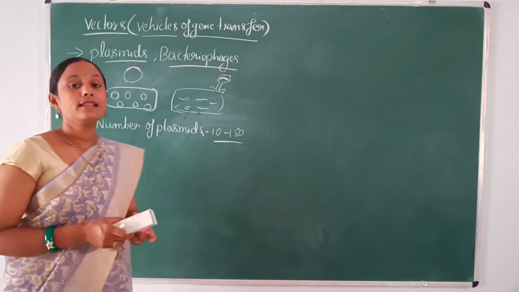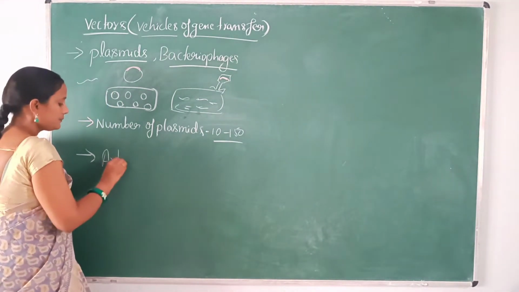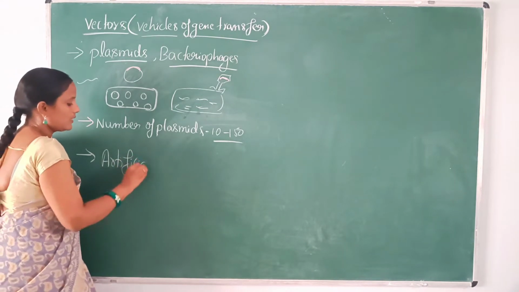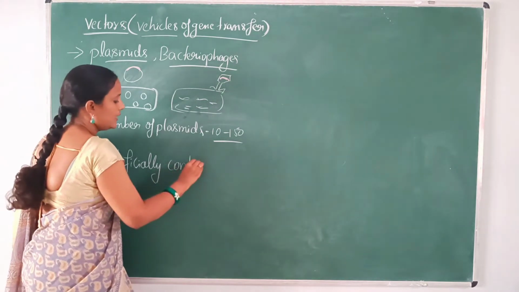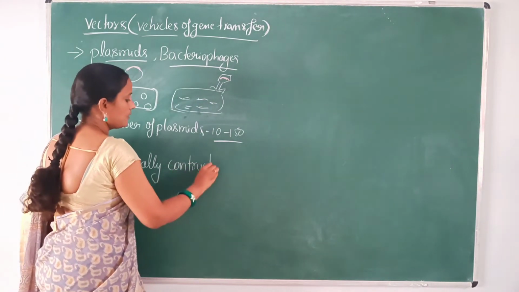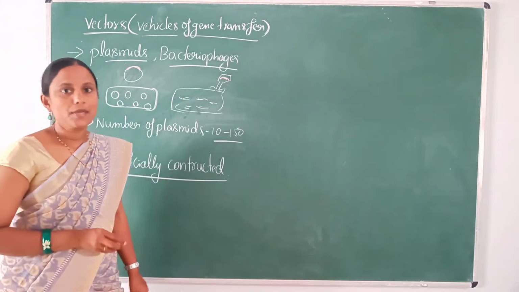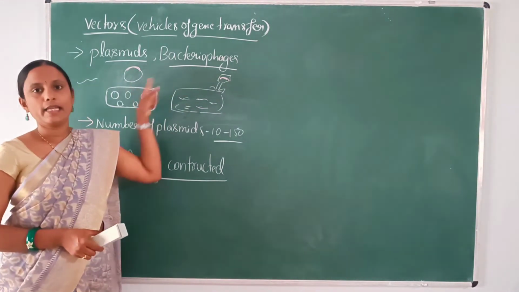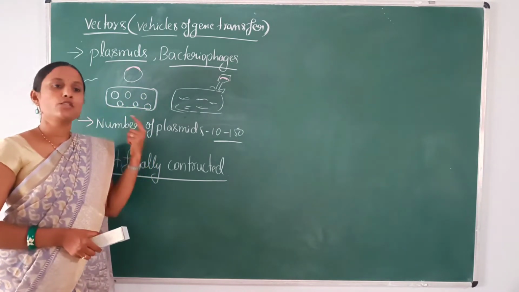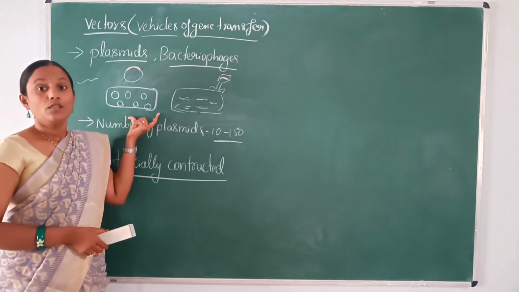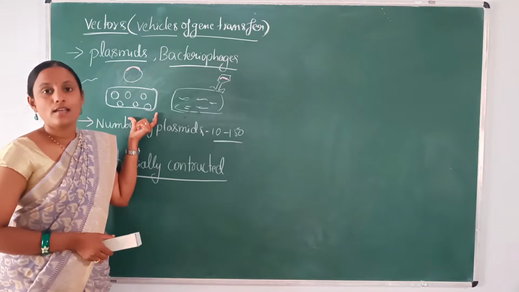But nowadays there are many artificially constructed vectors available for gene transfer, because without altering these genes it is not possible to attach the DNA, or it is not possible to select which host is transferred with the target gene. That we call it as a recombinant.